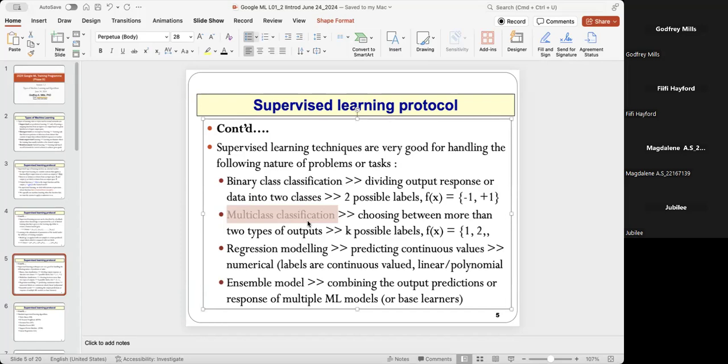We have 5 departments. In that case, we have 5 possible outputs that we need to classify students into. So where we want to solve a problem which can be put into more than 2 classes or categories, then supervised learning for multi-class classification will be the best suited process for handling that.